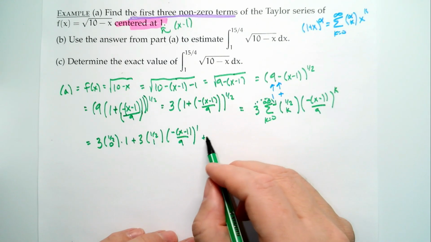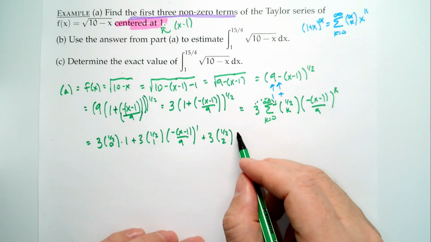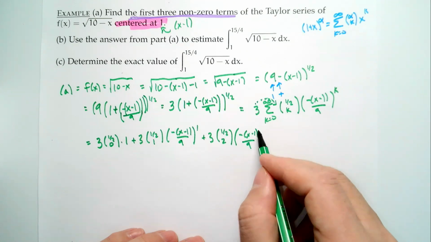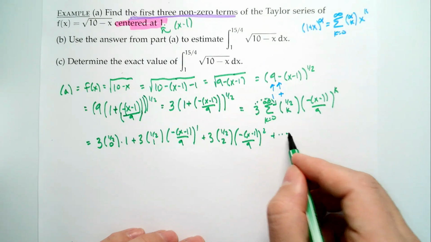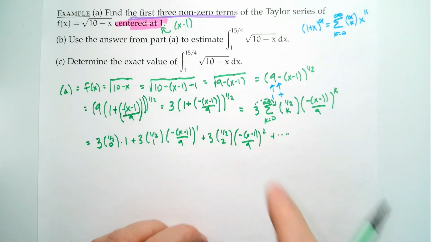And then plus 3 times (1/2 choose 2), and then minus (x minus 1)/9 squared, and dot, dot, dot. The reason for the dot, dot, dot is I only need the first 3 terms which aren't 0. And these don't look like they're going to be 0. So let's see what we can do.